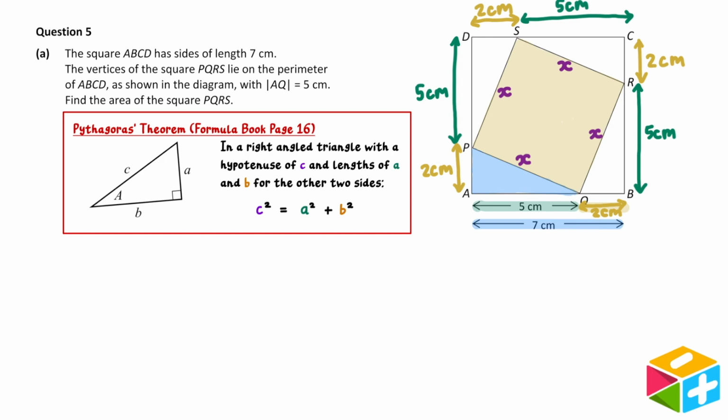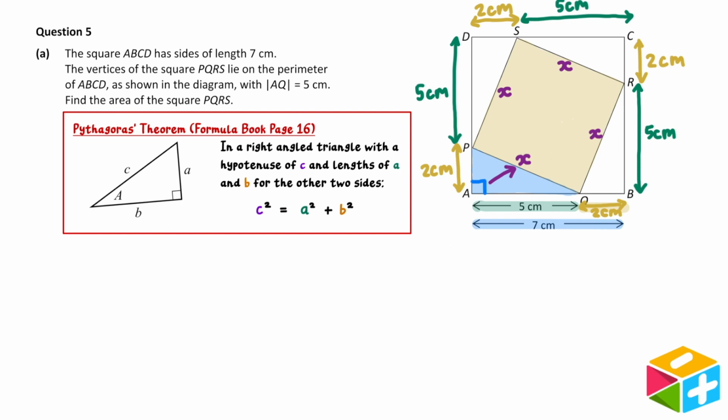Since we're told ABCD is a square, the angle at A is a 90-degree right angle. The hypotenuse is defined to be the side opposite the right angle. So here, the hypotenuse is x. The other 2 sides are 5 centimeters and 2 centimeters.